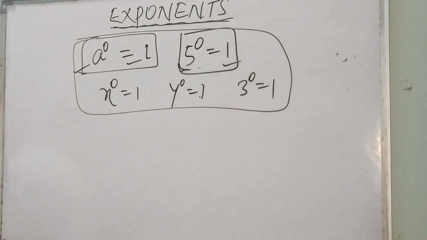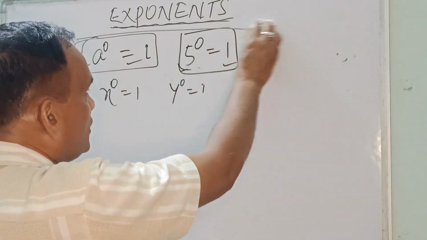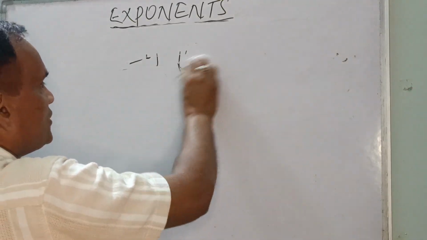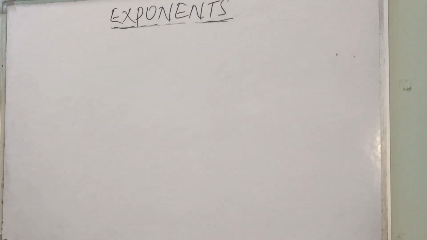Now we'll take some questions on how to solve this. The first question I am taking is to simplify. Just note down the question, and I want to see who is solving fast. Who can do these questions?